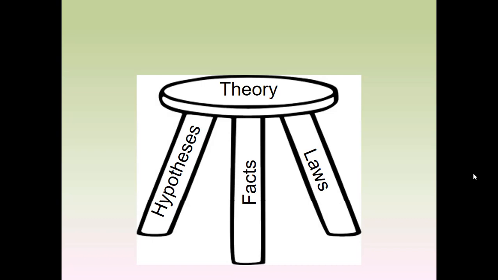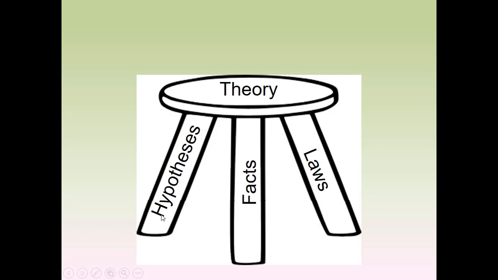stool or three-legged chair. So we have the overarching theory, which explains why the facts are that explain why the laws are the way that they are. The theory is going to propose new hypotheses, which then can be tested and supported.